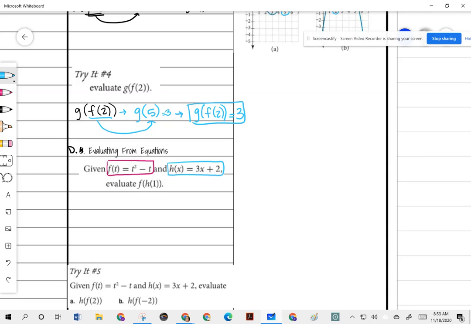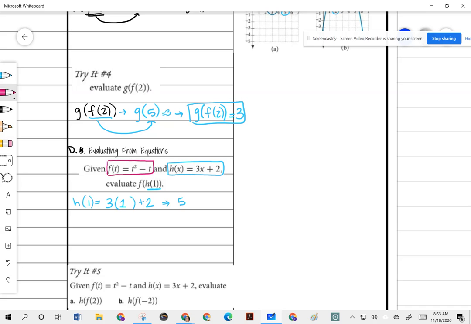So when we do this, we are supposed to be plugging 1 into the h. So let's find h of 1 first. So h of 1 is going to be everywhere where there is an x, put parentheses, and then go back in and fill it in with the value that you're supposed to evaluate it with. In this case, it's 1. So the h of 1 gives me 5.